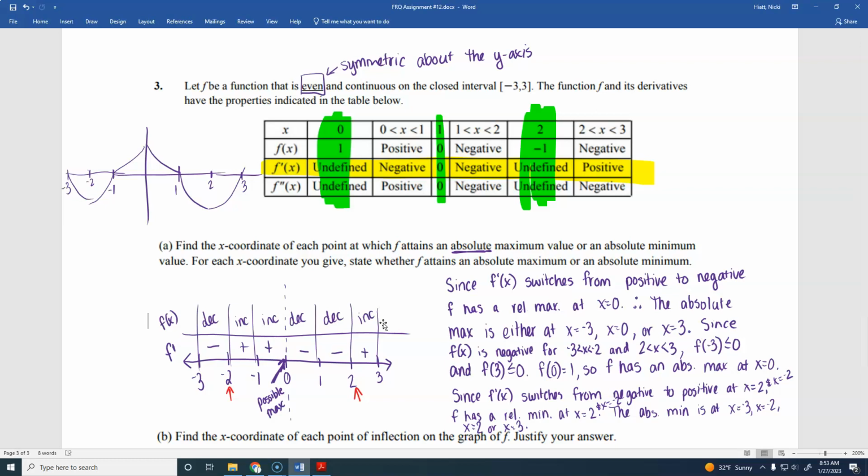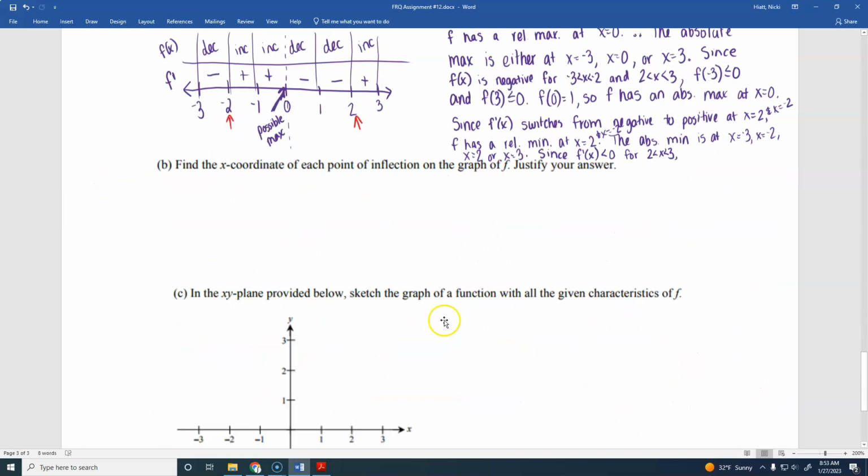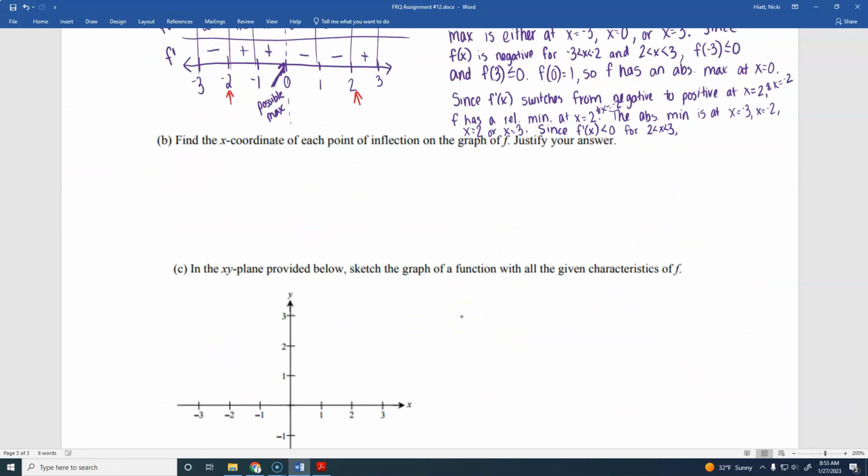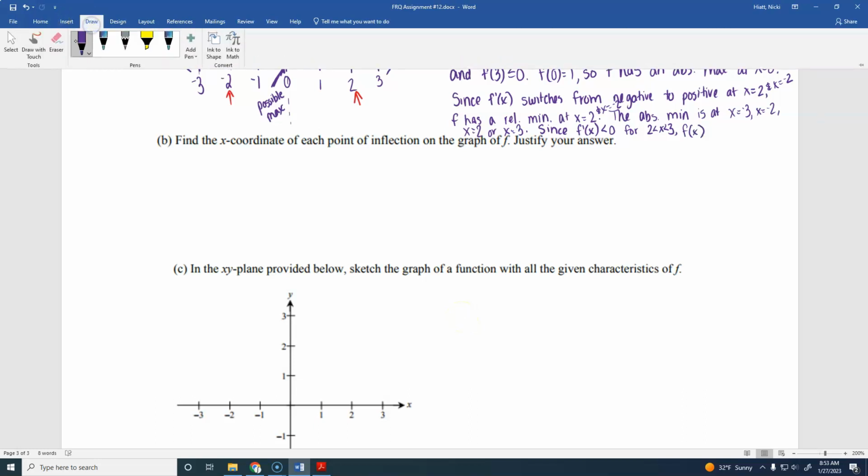So, since f prime of x is greater than 0 for 2 less than x less than 3, I'm sorry, it's greater than, not less than.